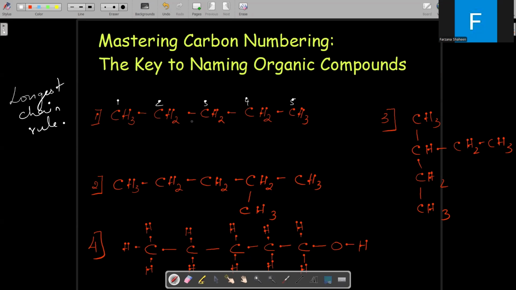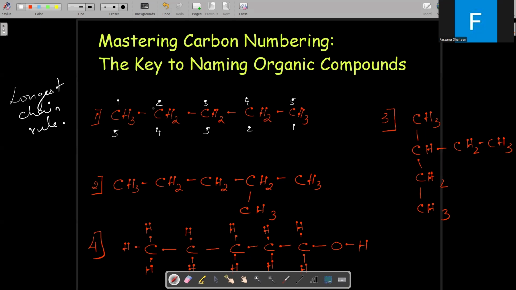Now, how do I number it? Should I start numbering from this side to this side, or from this side to this side, or randomly somewhere in the middle? So I need to decide on that, right? For this, you need to understand that there is this longest chain rule. Either you number it this way, or you can also number it this way: 1, 2, 3, 4, and 5.